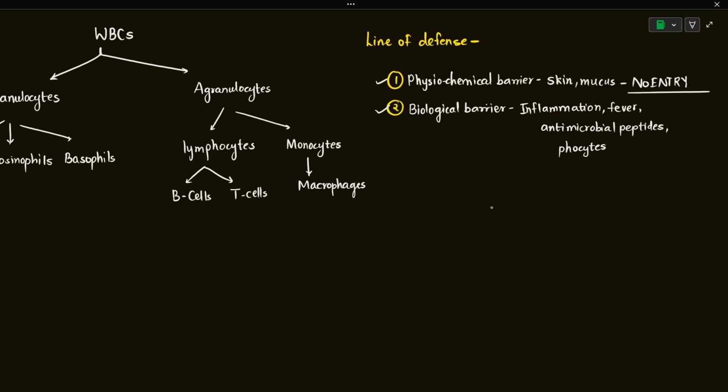So once it enters, the body ensures that the pathogen should be localized there. Okay, so the body forms an abscess, the clot around that particular part, to ensure the localization of the pathogen in that part, because that will not let it spread in the overall body.